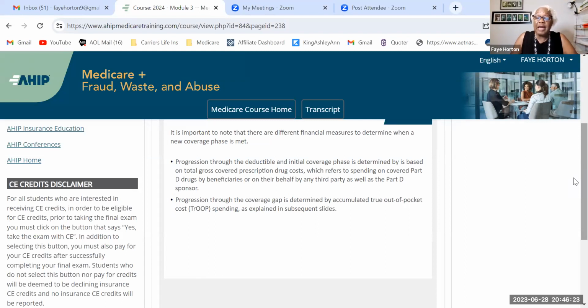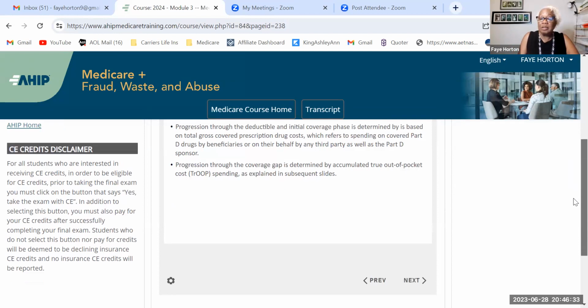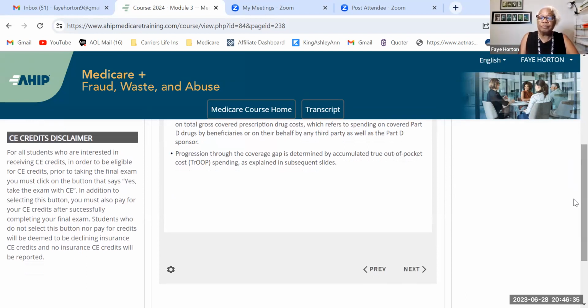Progression through the coverage gap is determined by accumulated true out-of-pocket costs, as explained in subsequent slides. So let's take a look at that.